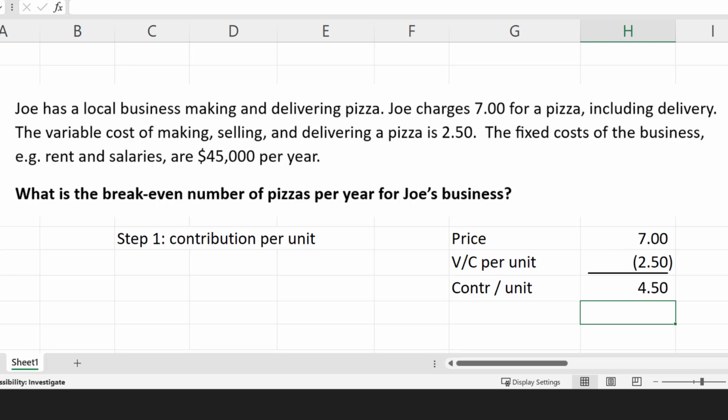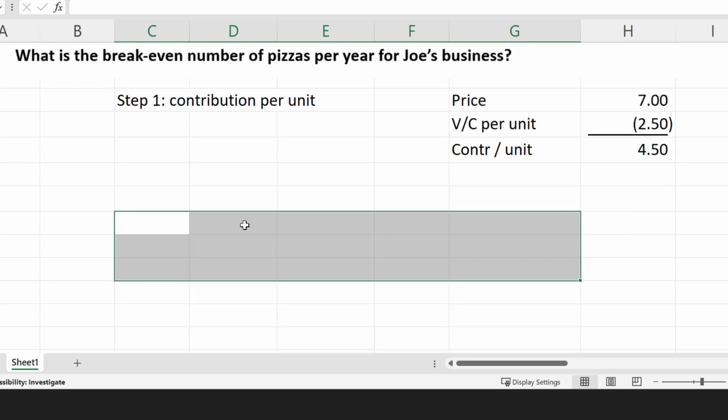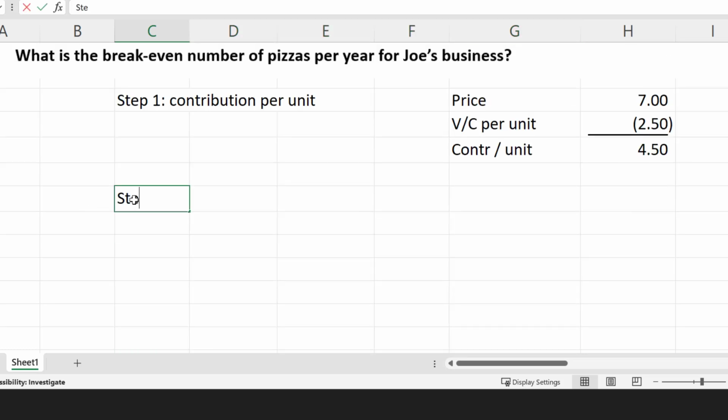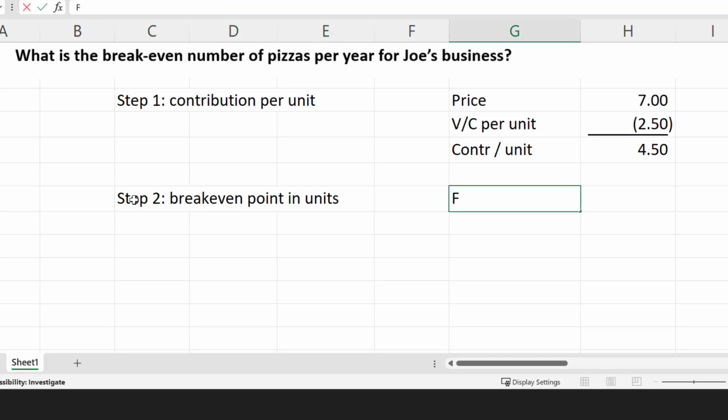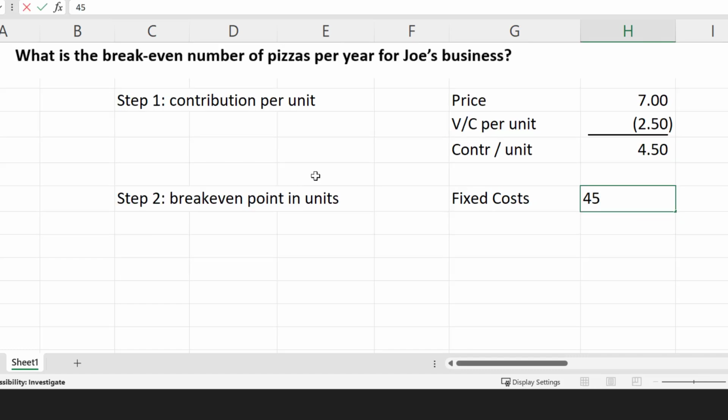Do we have some fixed costs? We do. Look at this. Fixed costs of the business, rent and salaries, $45,000 per year. So the next step is the break-even point. So we find the fixed costs of the business, and we learned that all of Joe's fixed costs, $45,000.